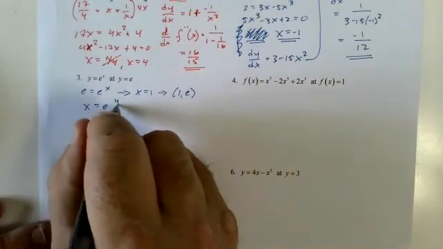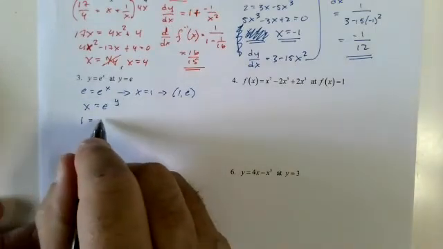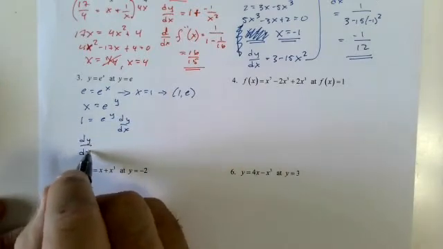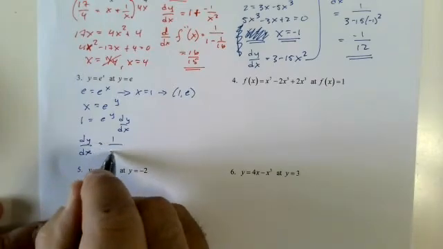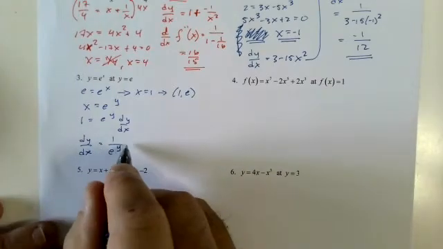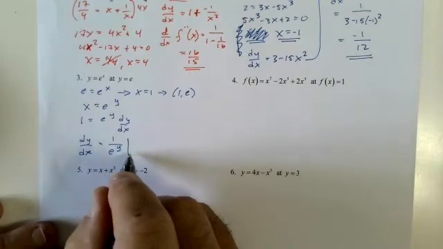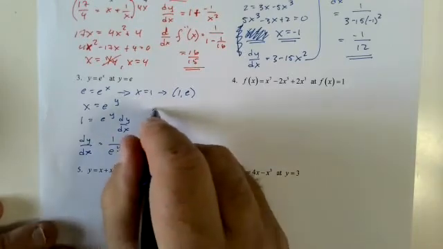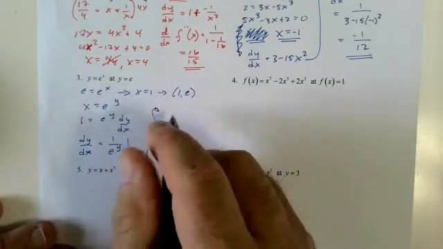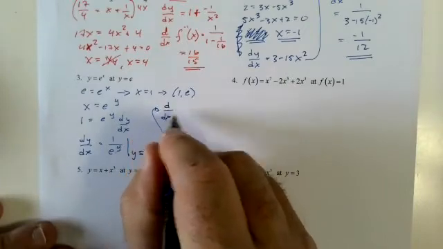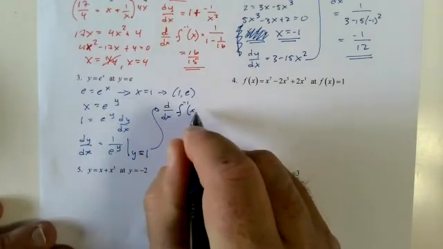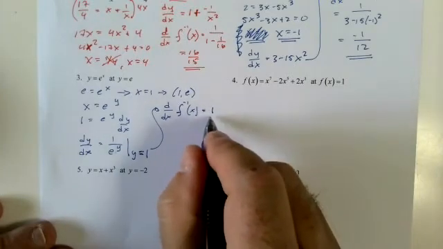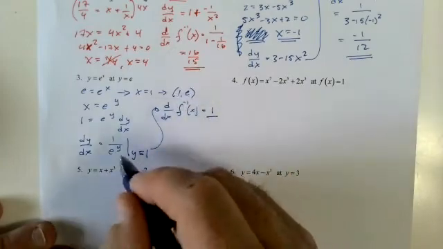X equals e to the y. 1 equals e to the y, dy dx. dy dx equals 1 over e to the y at y equals 1. d dx inverse equals 1 over e.